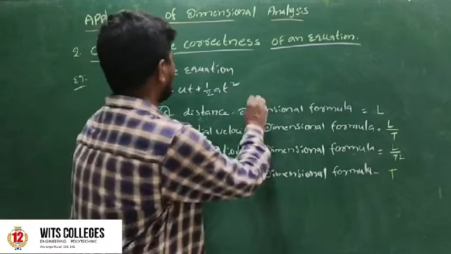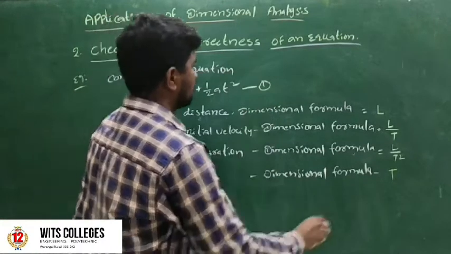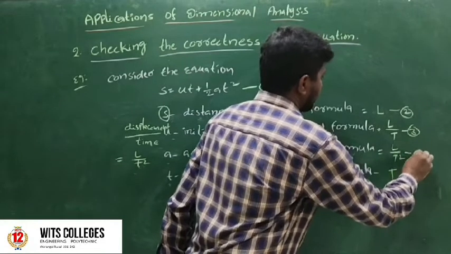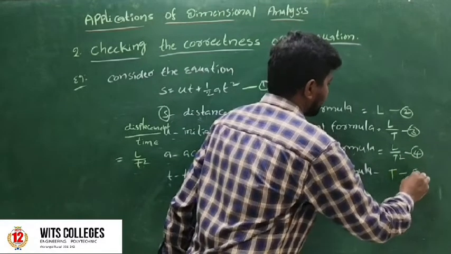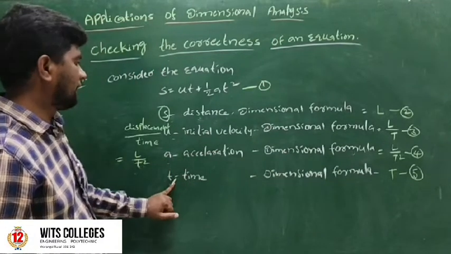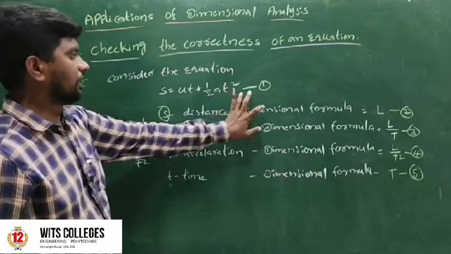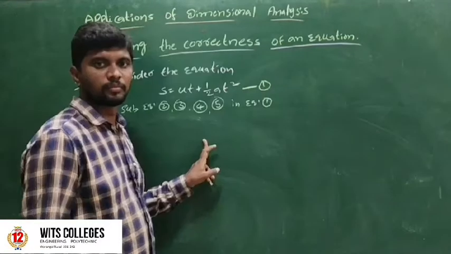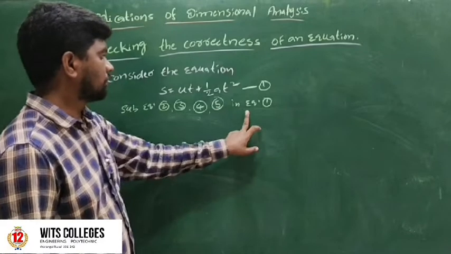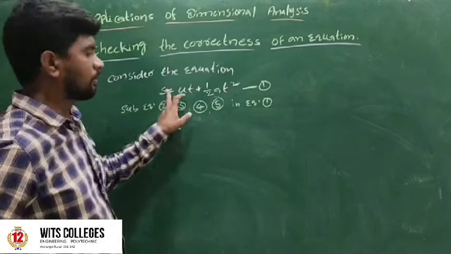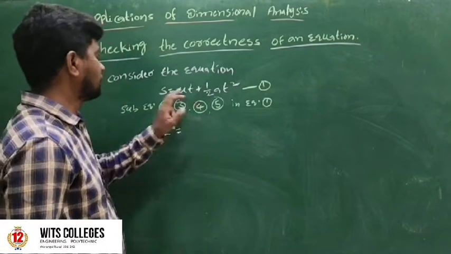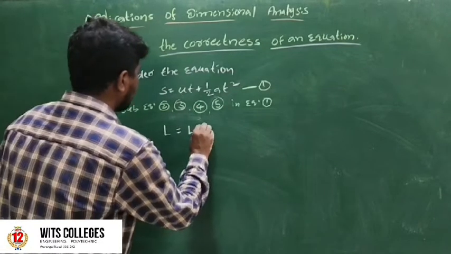From equation number 1, S is equation number 2, u is equation number 3, a is equation number 4, t is equation number 5. Substituting equations 2, 3, 4, 5 into equation number 1: the dimensional formula of distance is L. The dimension formula of initial velocity is L T^-1.